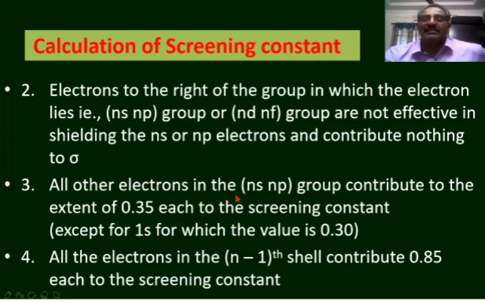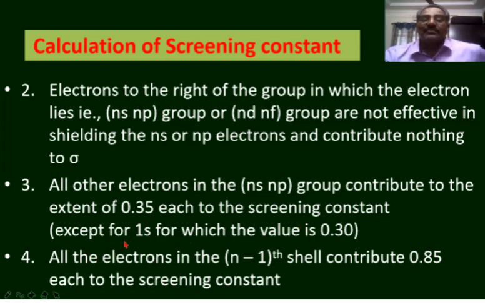All the other electrons in the ns np group contribute to the extent of 0.35 each to the screening constant. That is, all the electrons in the group in which our electron under observation lies contribute a value of 0.35 each to the screening constant.